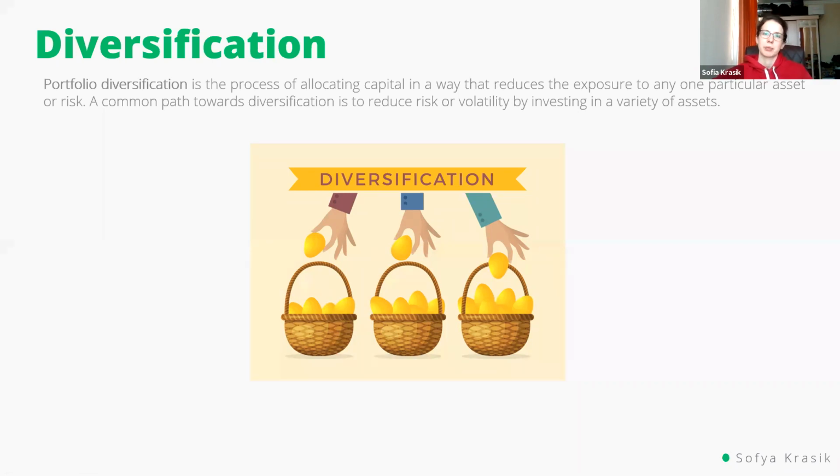Why does diversification make sense? Because when you invest in different sectors, they are not so perfectly correlated as companies from the same sector, and this approach can reduce the volatility of your total portfolio, and reduced volatility is essentially a reduction of risk.